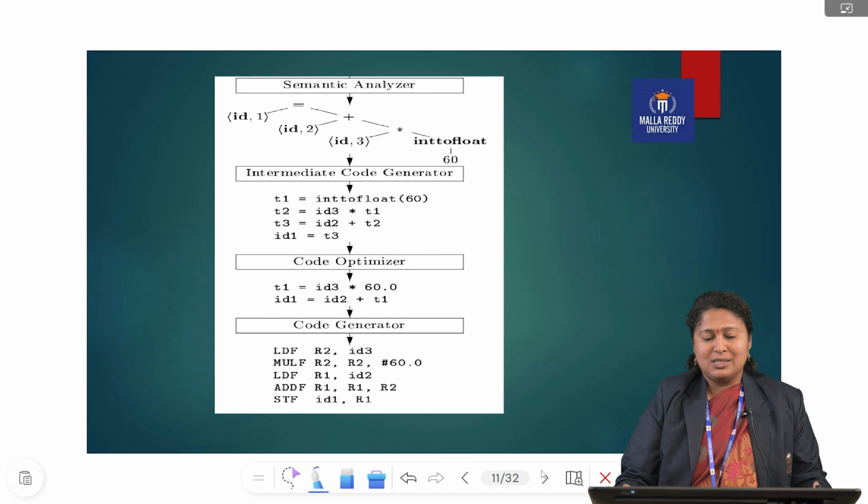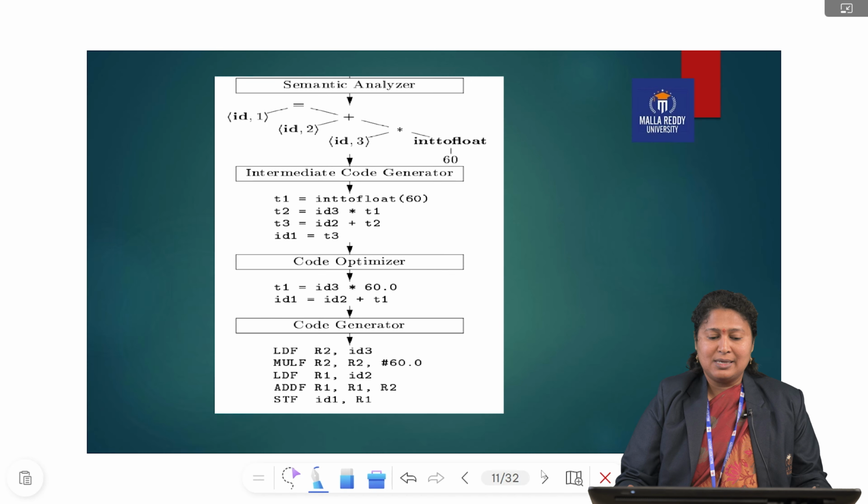So the first step we have is T1, that is temporary variable 1. T1 is equal to, in the first step, we are converting integer to float. Then after converting integer to float, we take another temporary variable T2 and multiply the output T1 with ID3.